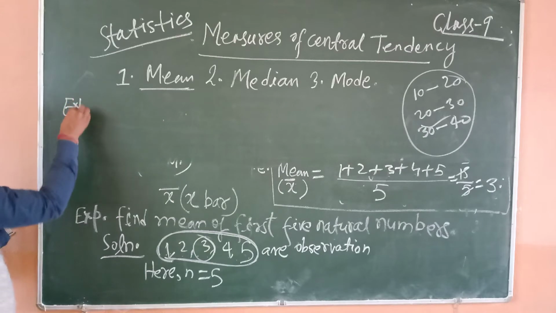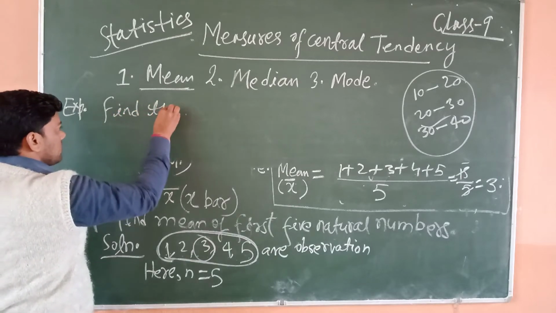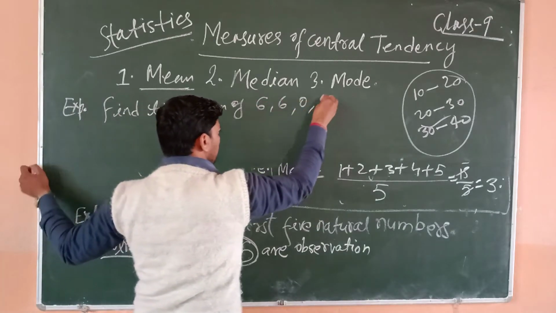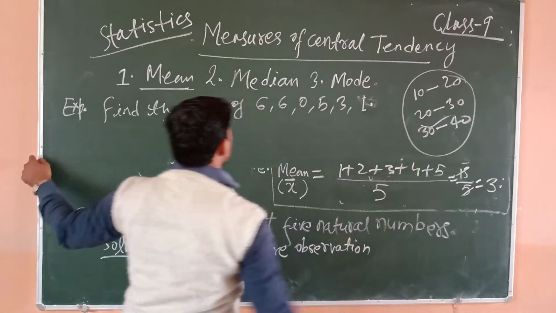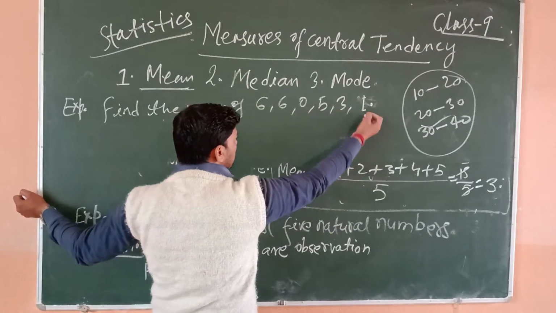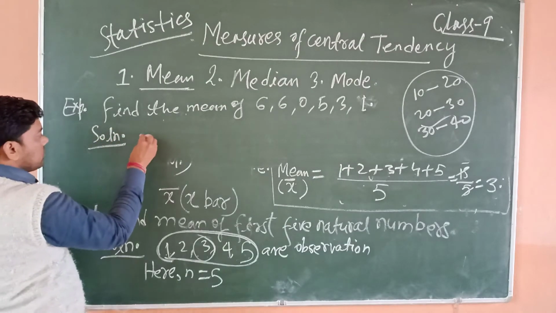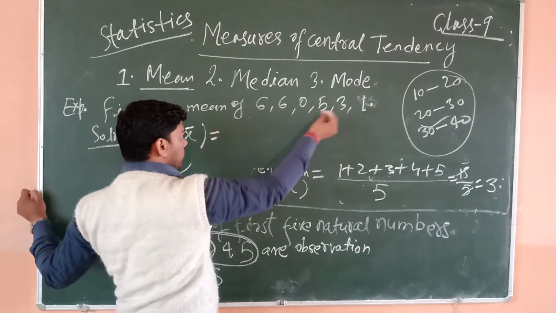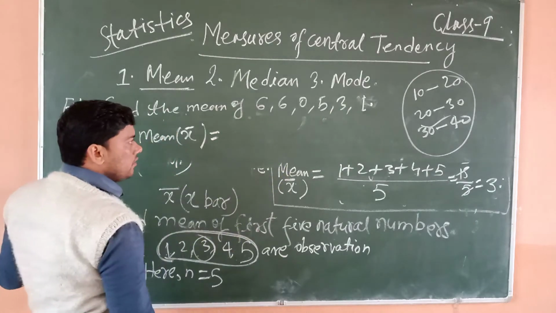One more example of mean. Find the mean of 6, 6, 0, 5, 3, 1. Mean is equal to sum of all observations. No need to arrange in ascending or descending order.